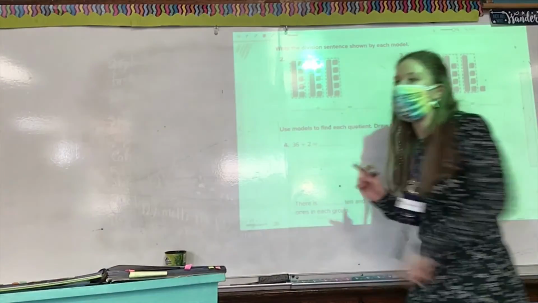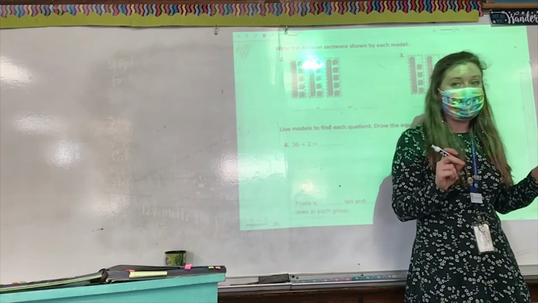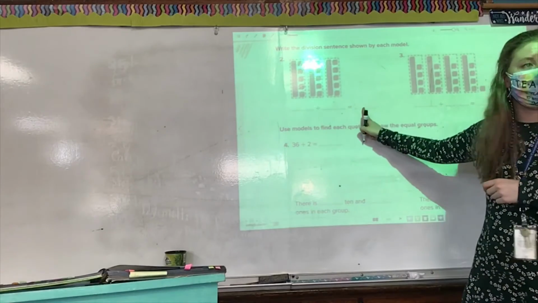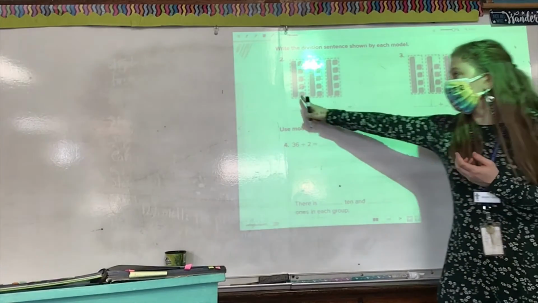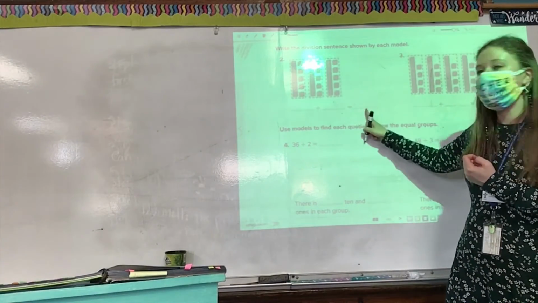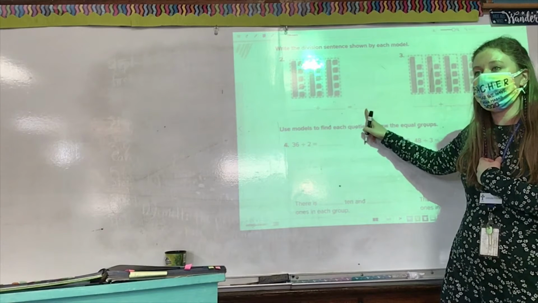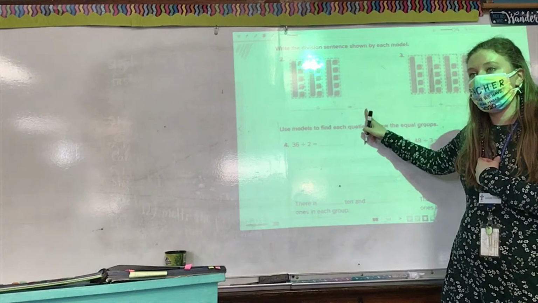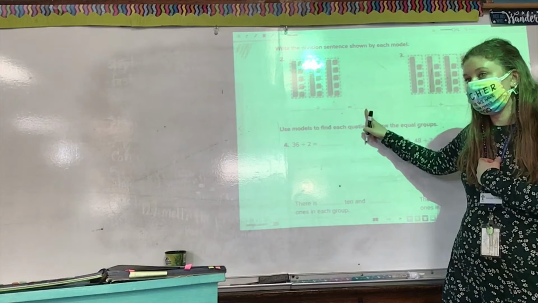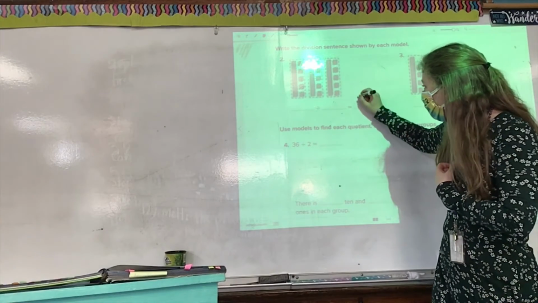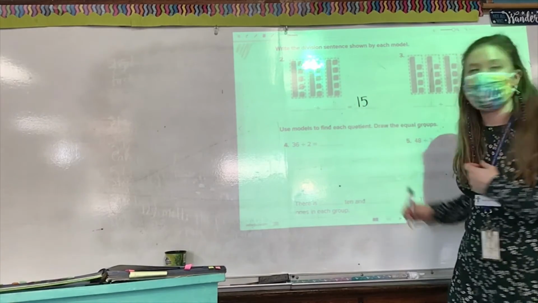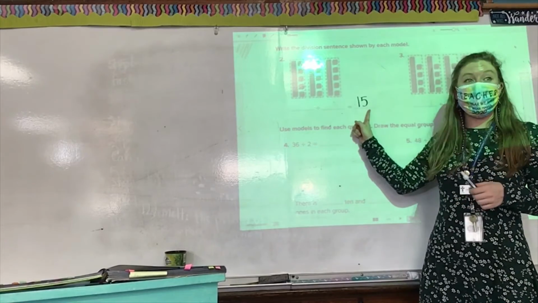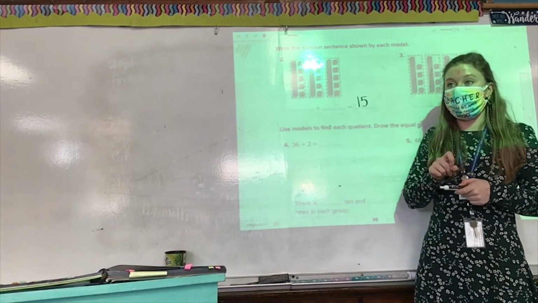So remember, the items in each group in this lesson is the quotient. So that means if there are 15 items in each group, what is our quotient, Victoria? 15.